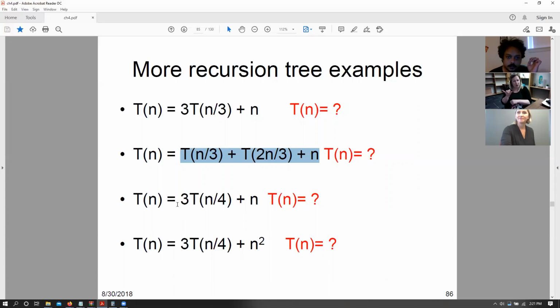Now, we also have some other examples for recursion trees. So we have 3T(n/4) plus n. So 3T(n/4) would essentially be a case where we are dividing our array into 4 parts, but we are only working with 3 of them, right? So essentially think of it as dividing my array into 4 quarters, and I'm only going to work with 3 of those quarters.